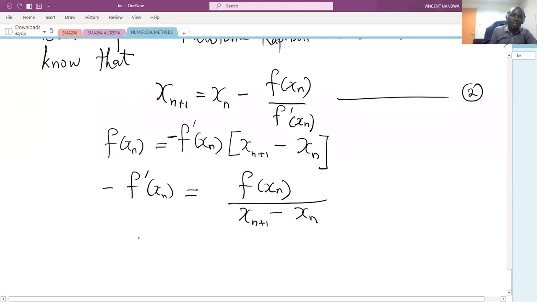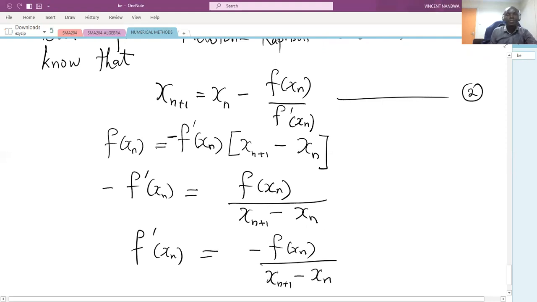Or the same as saying f prime of xn equals negative f of xn divided by xn plus 1 minus xn.